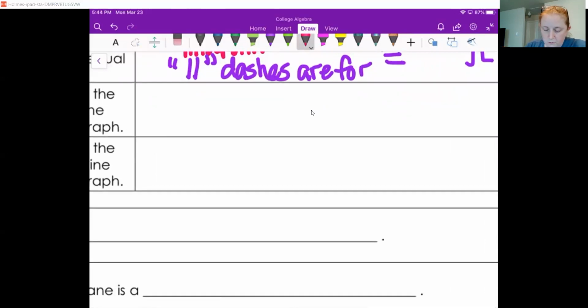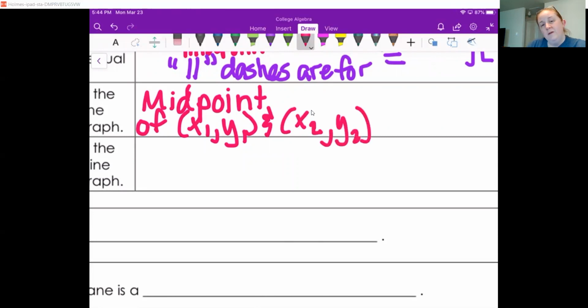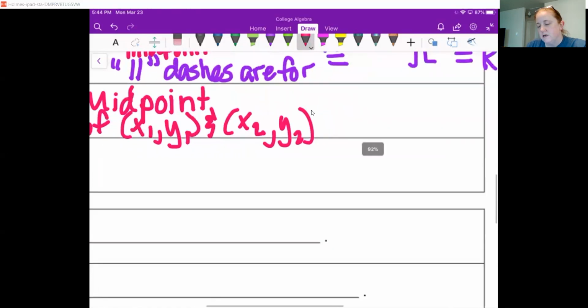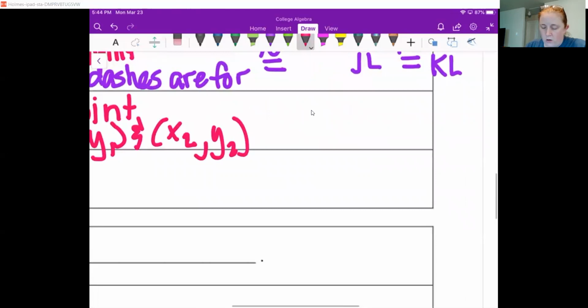So to find our midpoint, let's say we have x1, y1, and x2, y2. Our midpoint, our middle of that segment, is the average of the x's and the average of the y's.